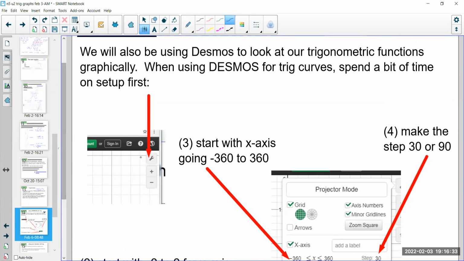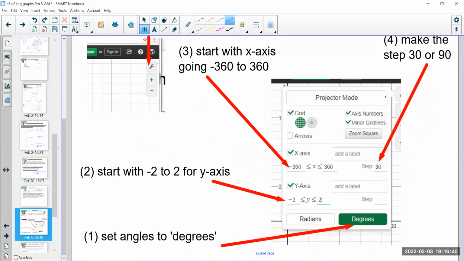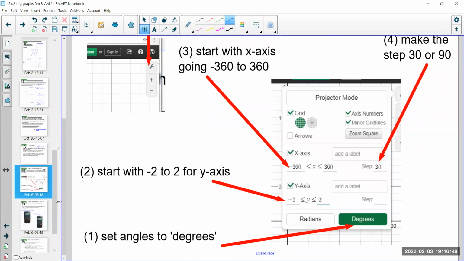On Desmos, if you click on that spanner, it will allow you to set all these, which means if you type y equals sin x, it will draw it for you. Rather than drawing it yourself, you can copy the drawing from Desmos.